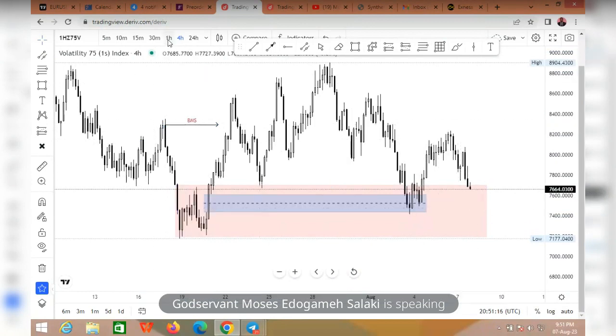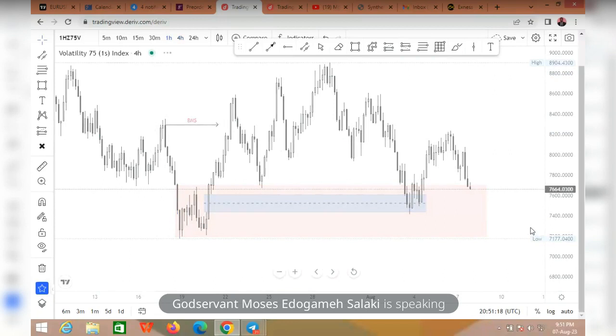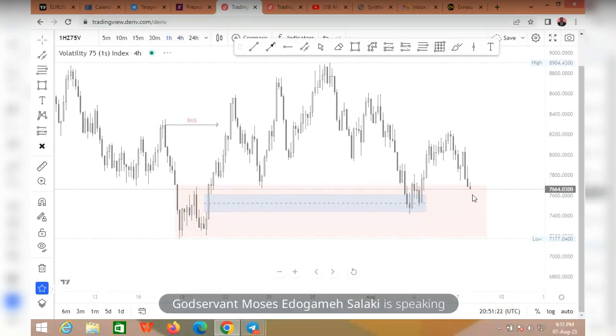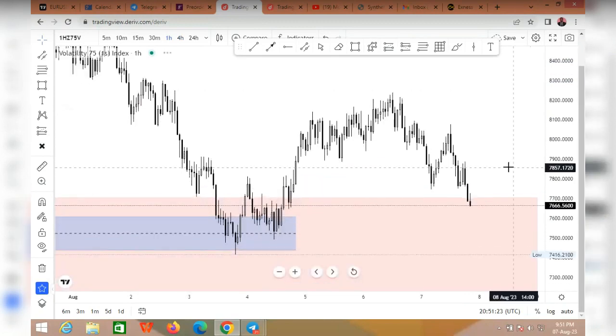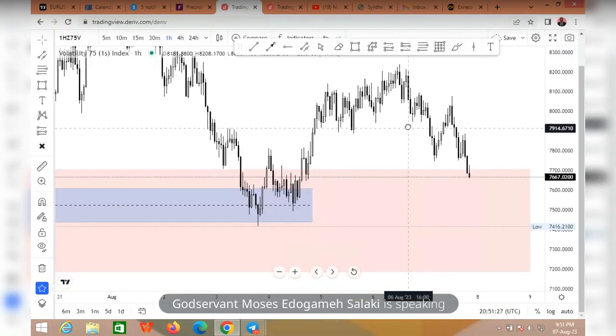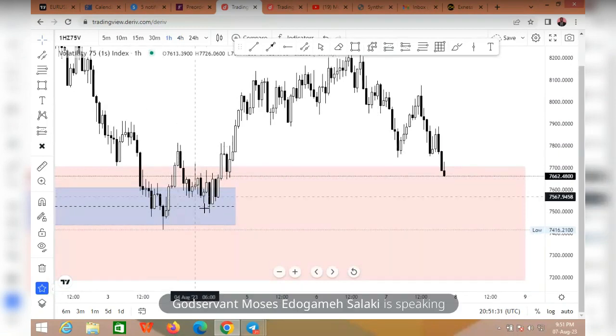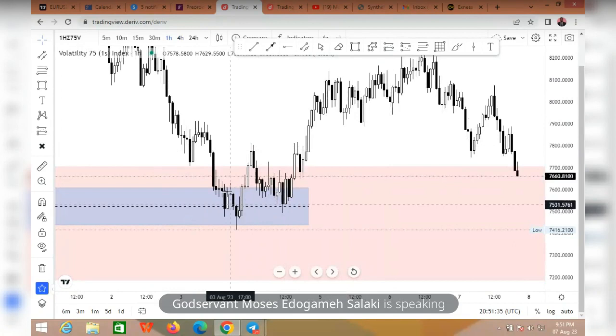So I'll scale down to my 1 hour. This is the last move. Here has been filled. Please follow me. This was a break of structure here. Here has been filled.